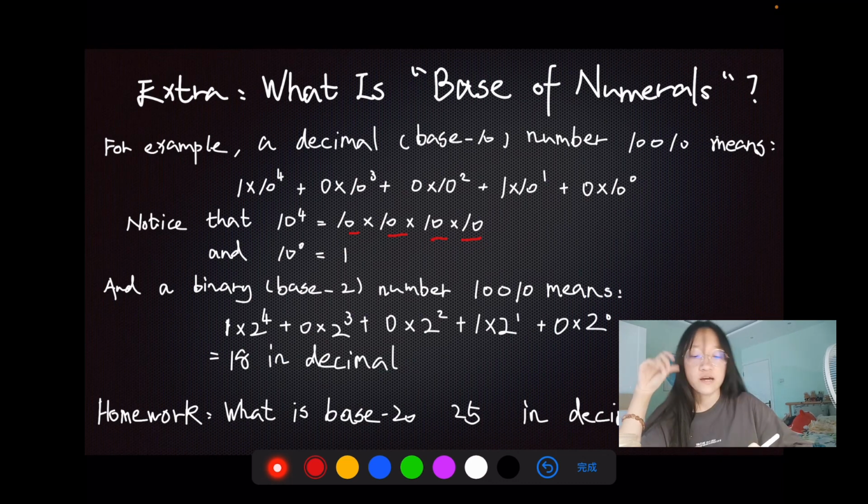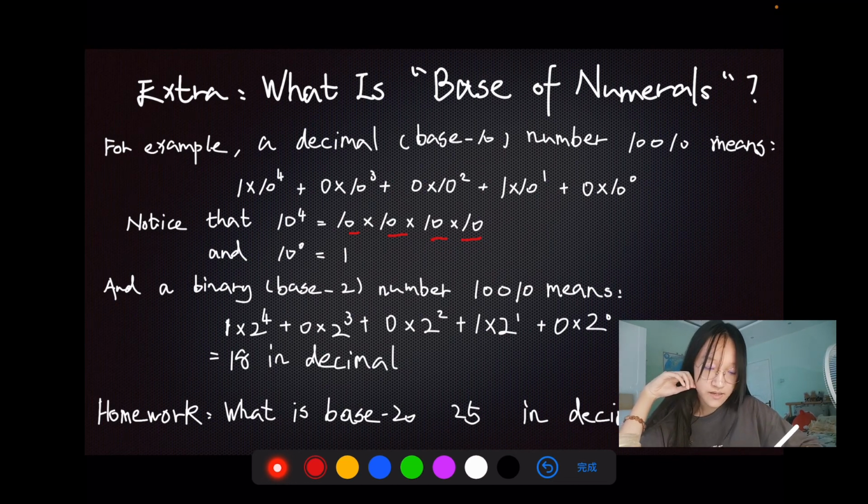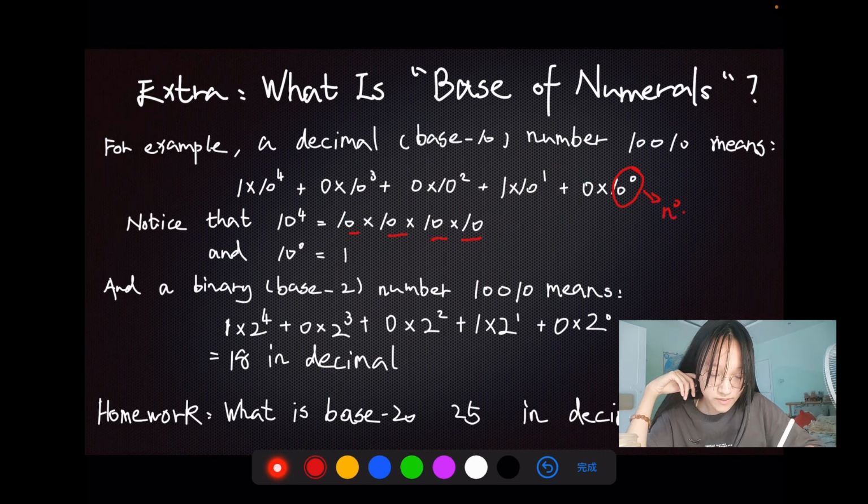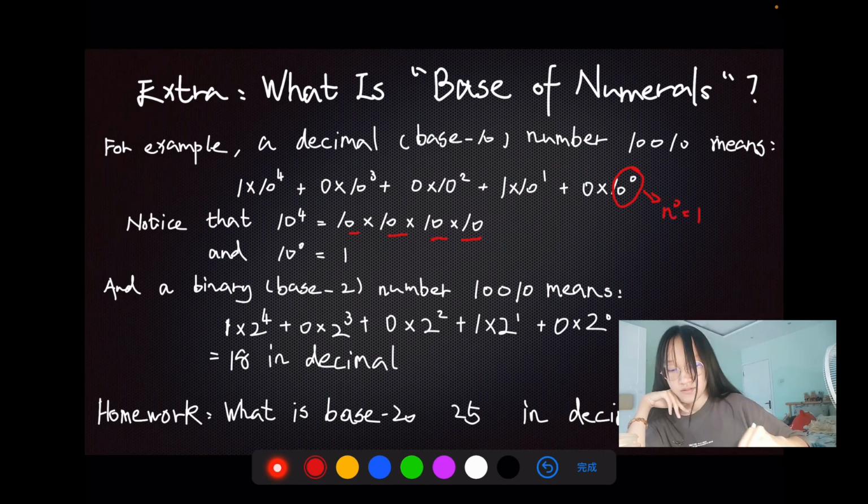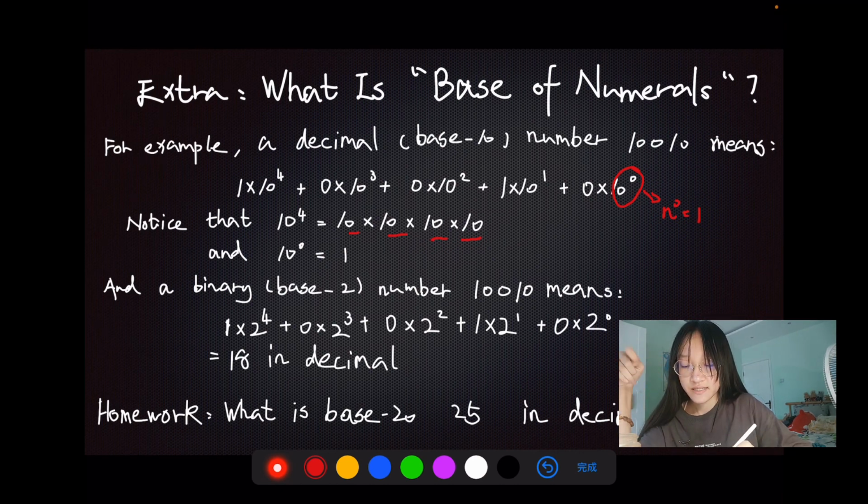And then we have no 10 to the power of 2. And then we have a 10 to the power of 1, which is 10. And then we have no 10 to the power of 0. However, by definition, any number to the power of 0 equals 1. And this is what it means in base 10.